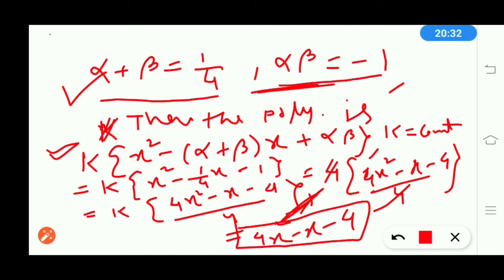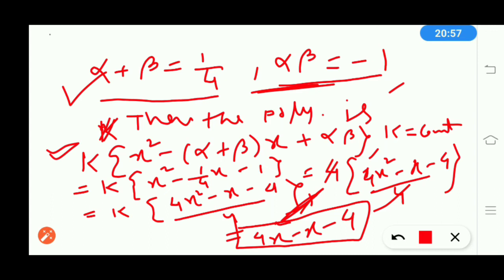If 7 is present, then we choose k as 7. That means k is any constant. Clear? Now the question is why we neglect the constant term which is present in the denominator. Why do we neglect this constant term?